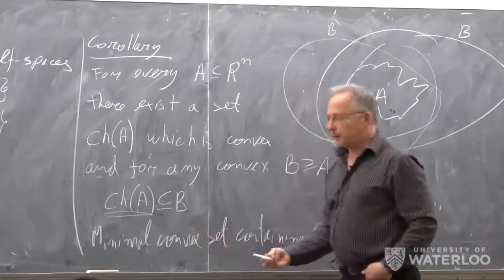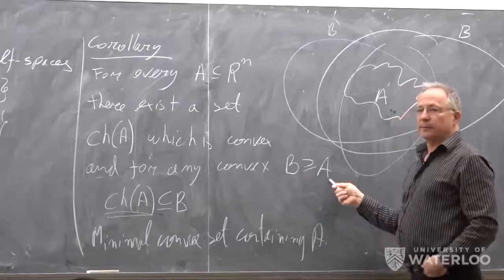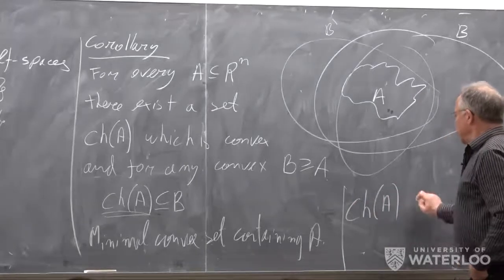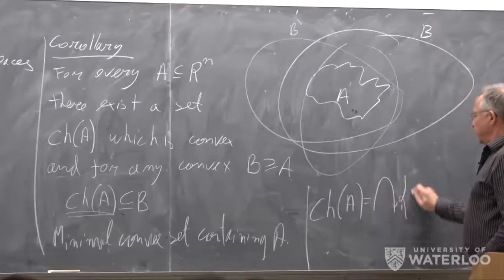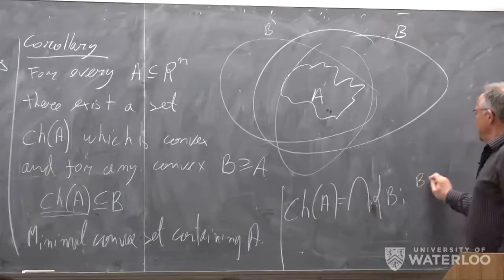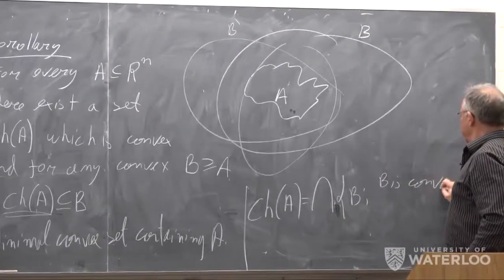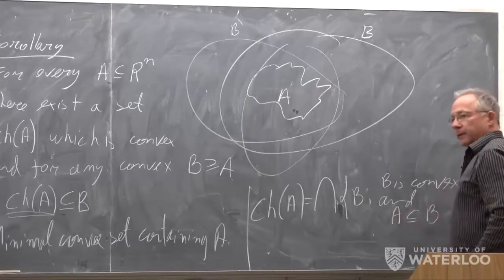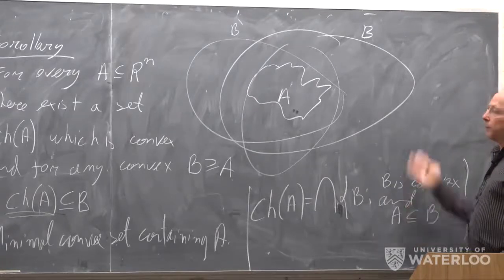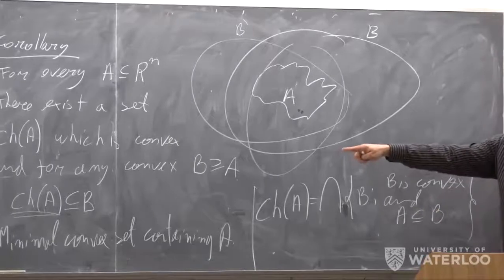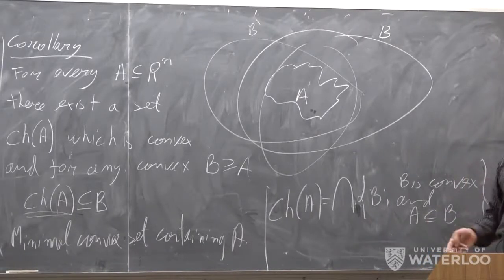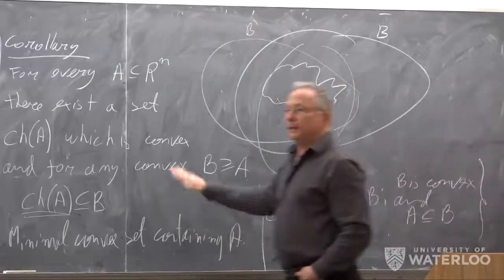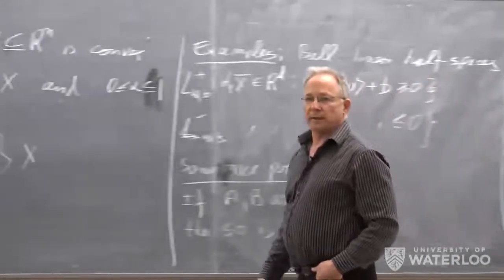And this convex set is going to be a subset of every convex B that contains A. So the convex hull of A is just the intersection of the set of all B's such that B is convex and A is a subset of B. I take the intersection of all the sets which are convex and contain A. By this lemma, it's a convex set, and since each of them contains A, the intersection will contain A. And I'll get this property that it is minimal among all the convex sets containing A.